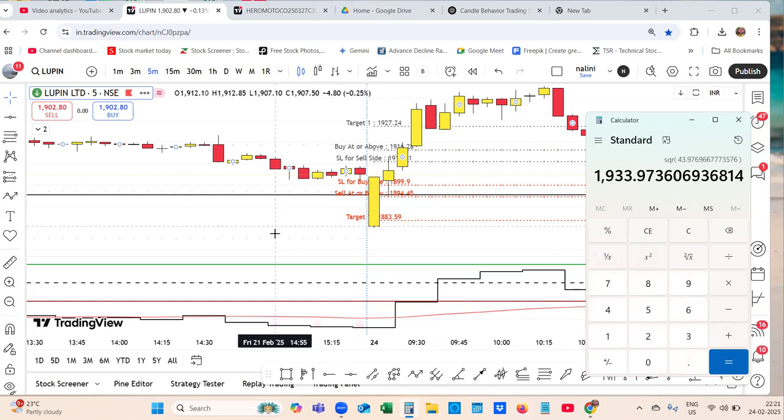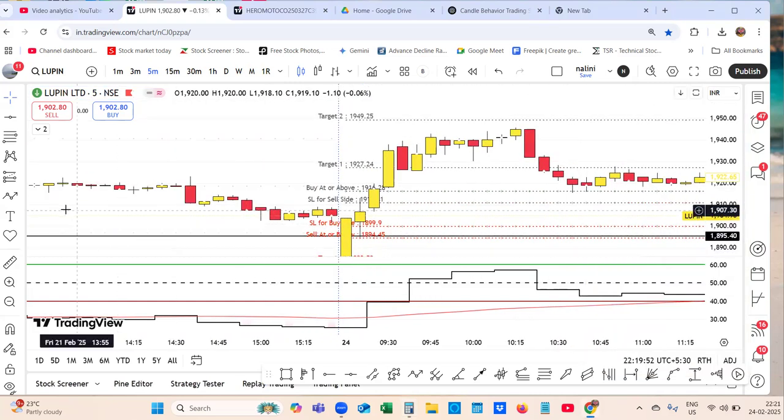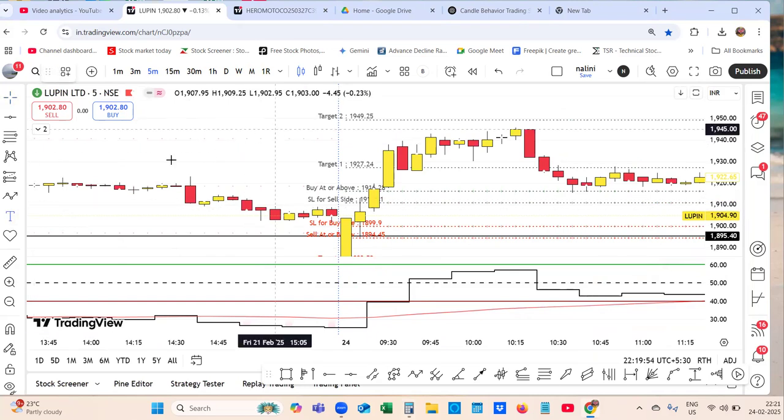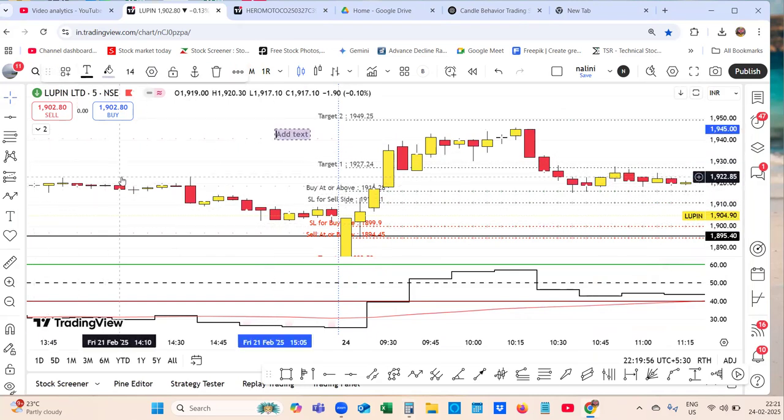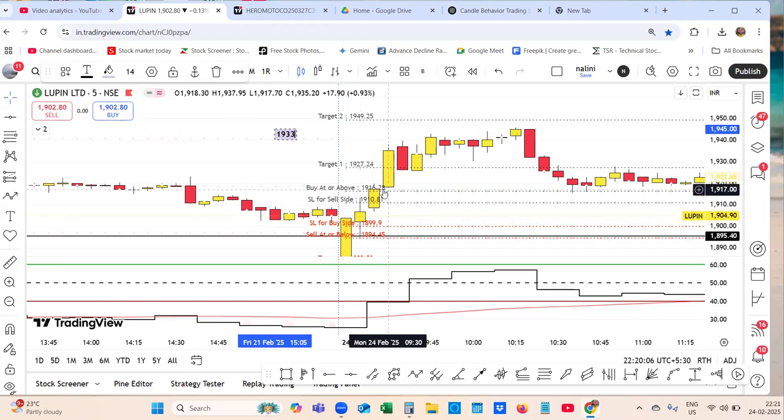You are getting the target of 1933, 1933 as the Fib level, the golden ratio. So I have an idea when I enter this trade, I need to be careful. I need to book my profits around the golden ratio level to identify the resistance.